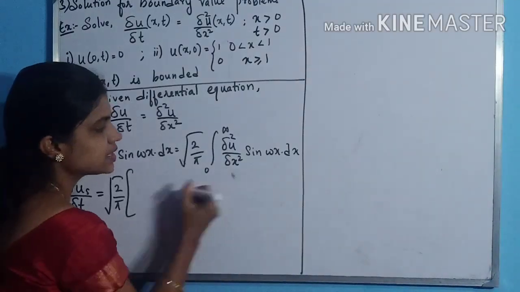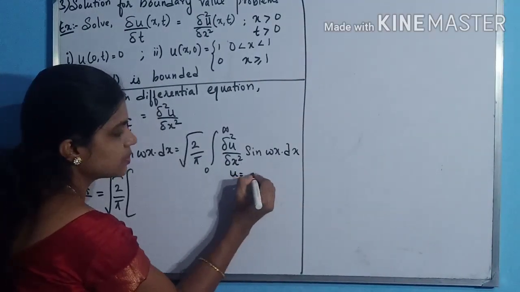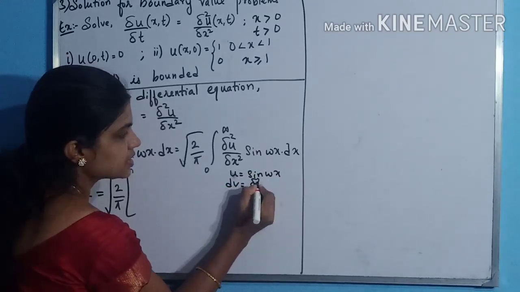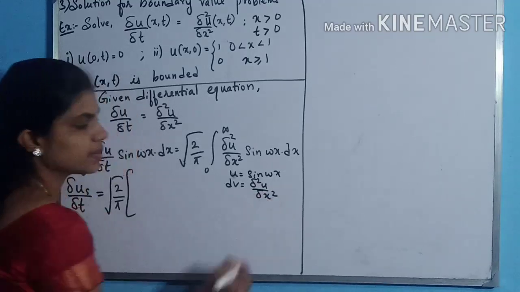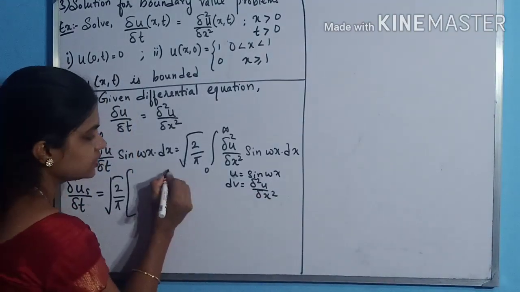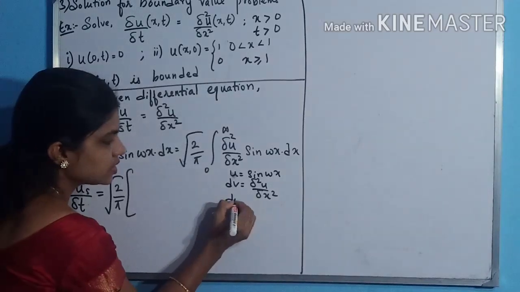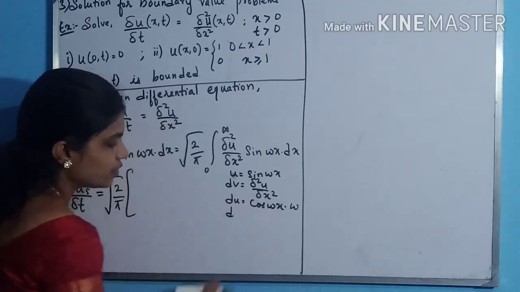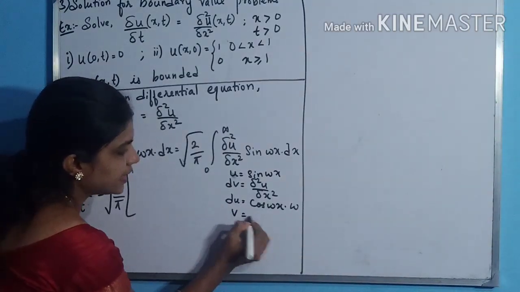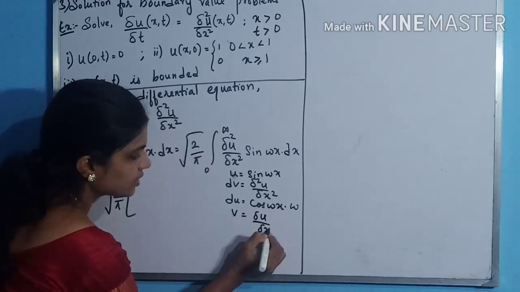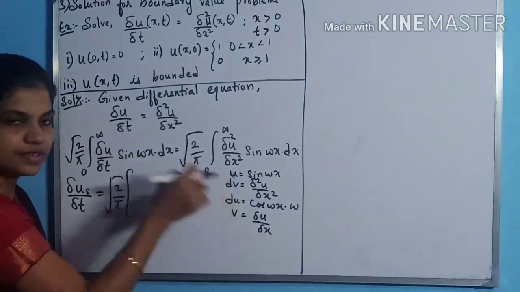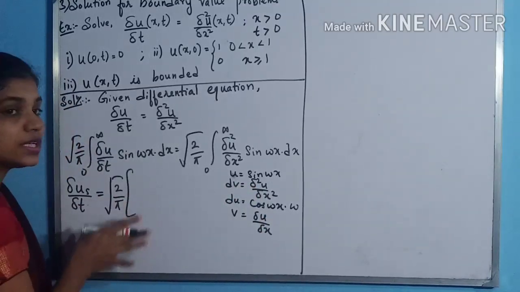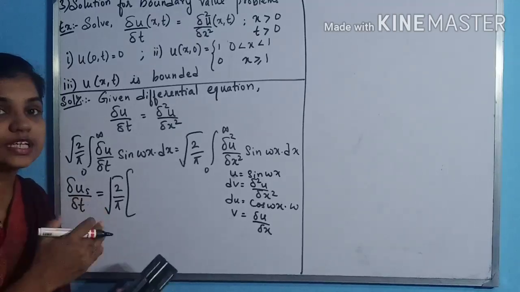Here I will take u equal to sin(ωx) and dv equal to ∂²u/∂x². So what is du? du is cos(ωx) times ω, and v is ∂u/∂x, the integration of ∂²u/∂x². So we have to substitute in the expression for integration by parts.